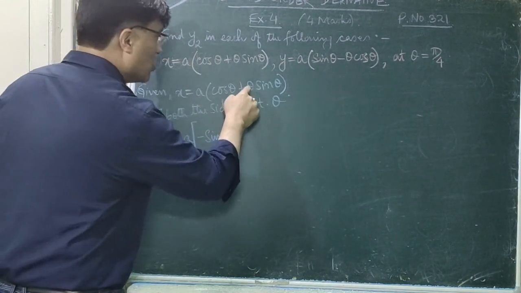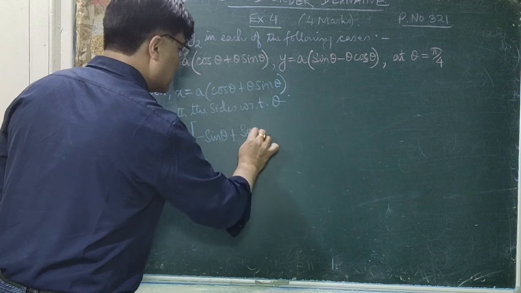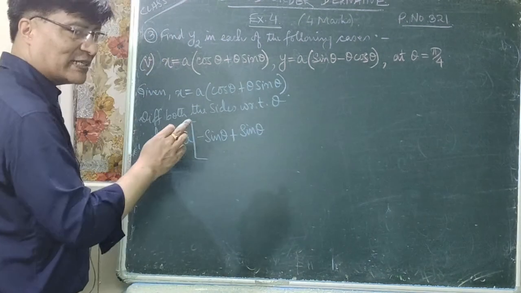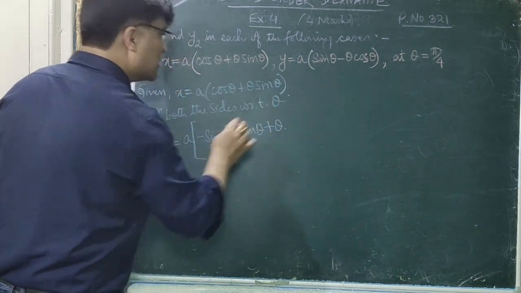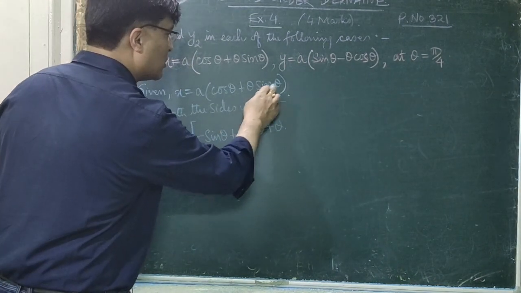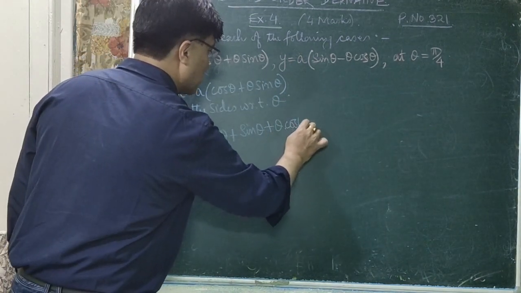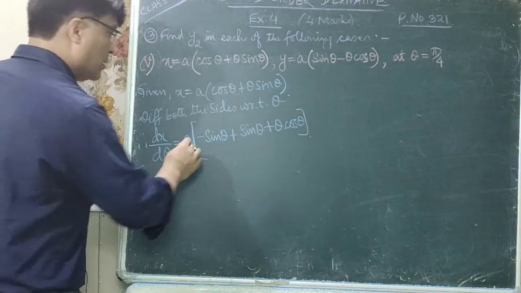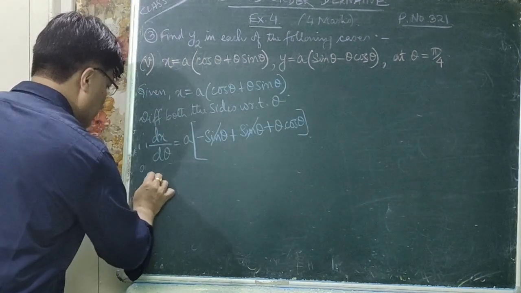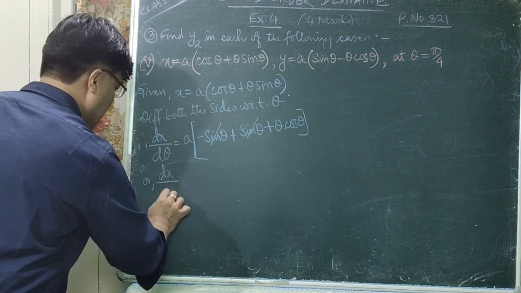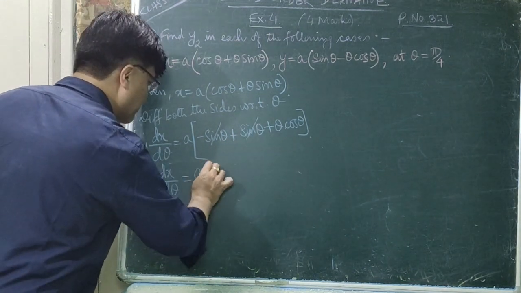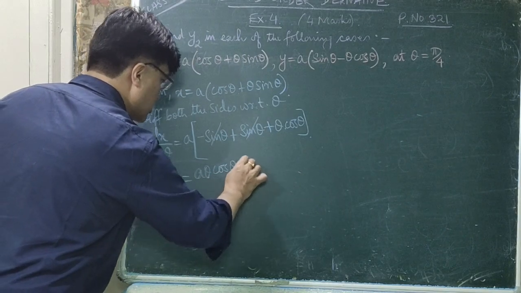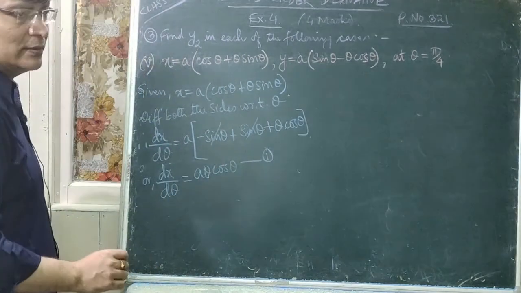That is 1. So 1 into sine theta remains as it is, that is sine theta into 1 is sine theta. Then plus theta is kept as it is into, what is the differentiation of sine theta with respect to theta? That is your cos theta. So here sine theta cancels, or dx by d theta is equal to, now multiply here, a theta cos theta. That is your number 1.